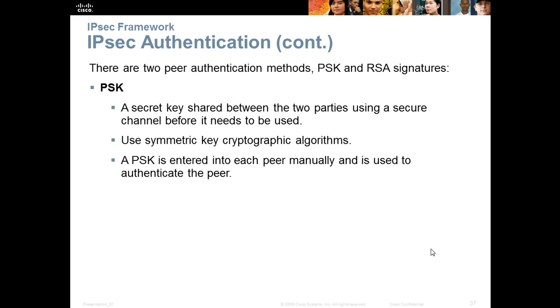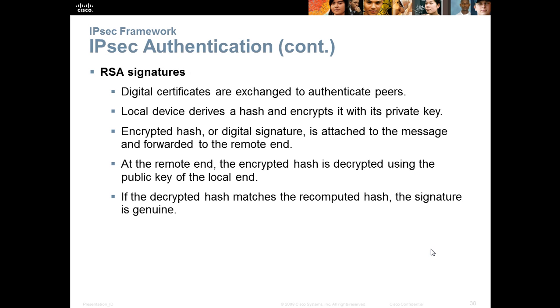PSK is a secret key which is shared between the two parties using a secure channel before it needs to be used. It uses symmetric key cryptographic algorithms. A pre-shared key is entered into each peer manually and is used to authenticate the peer. RSA signatures are digital certificates which are exchanged to authenticate the peers.